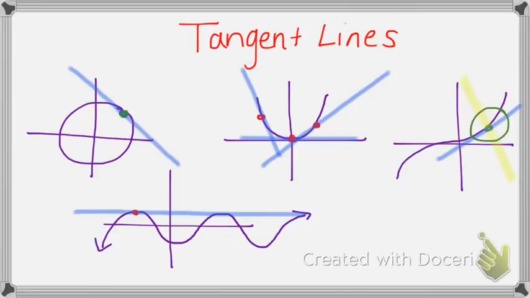We used to think that tangent lines only touched at one point, or just grazed it at one point, but in this case, it's going through it at 2 points, and that's okay. It actually could even touch it at other points where it's not tangent. So let me show you one more example about that.